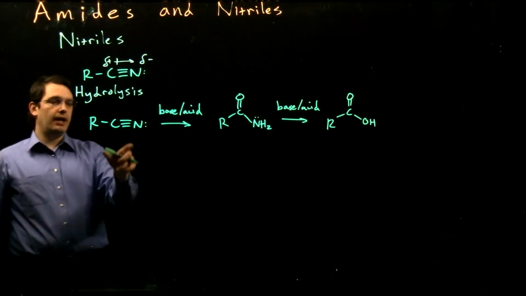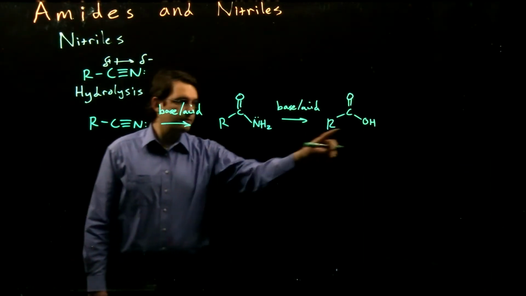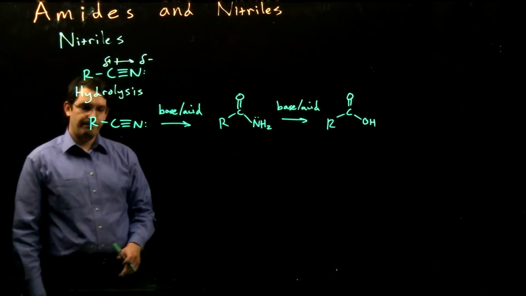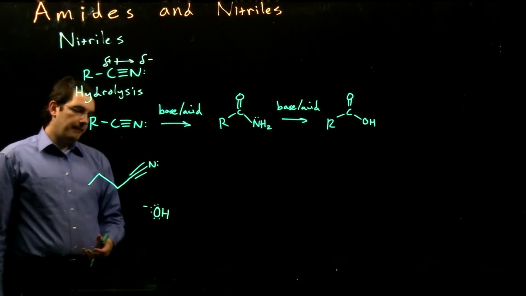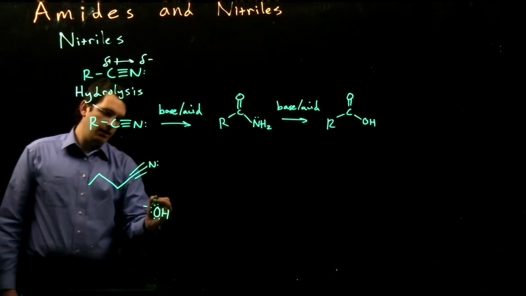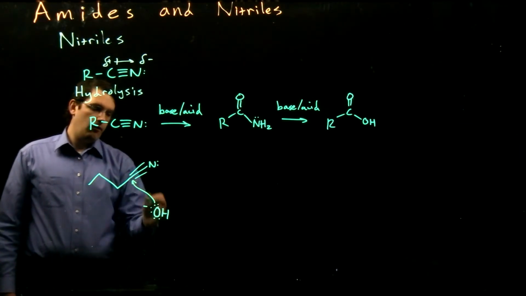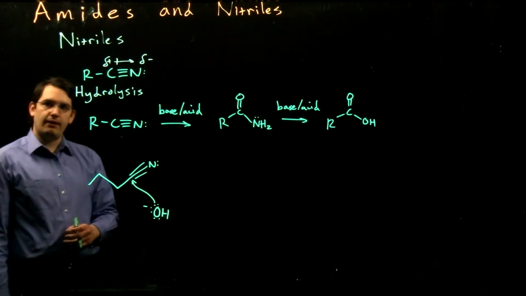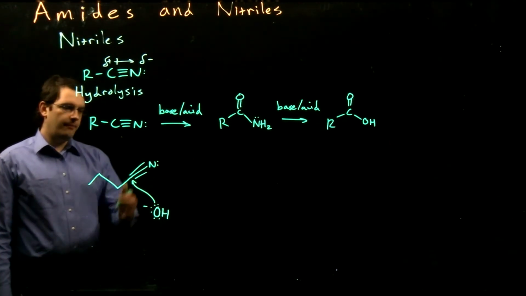So when we hydrolyze our nitrile, we usually go straight through our amide and end up at a carboxylic acid. As I mentioned, our mechanism here is based on our nucleophilic water, or hydroxide in the case of basic conditions, attacking that electrophilic carbon of our nitrile.